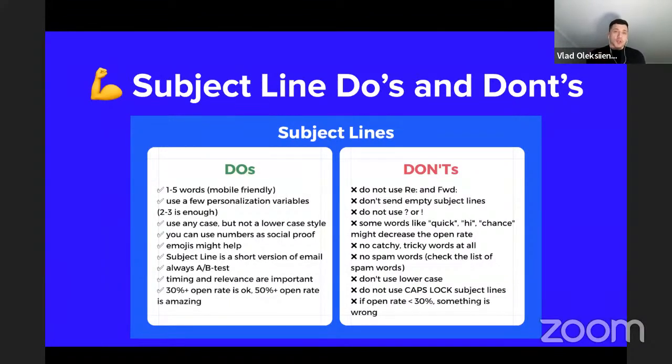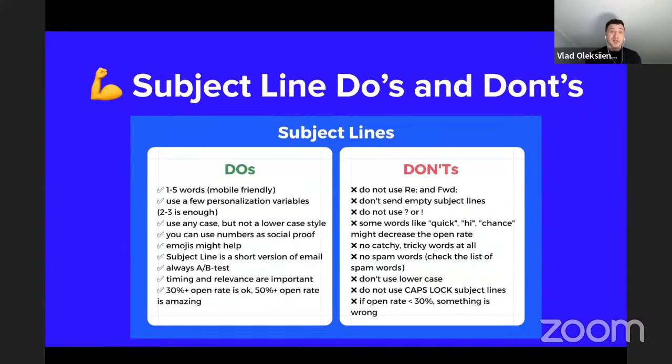Subject line is a short version of your email, so keep it simple, appealing. Always A/B test, always, like A, B, C, D, sometimes maybe even 5 options, and just then pick the 2 or 3 best performing subject lines.